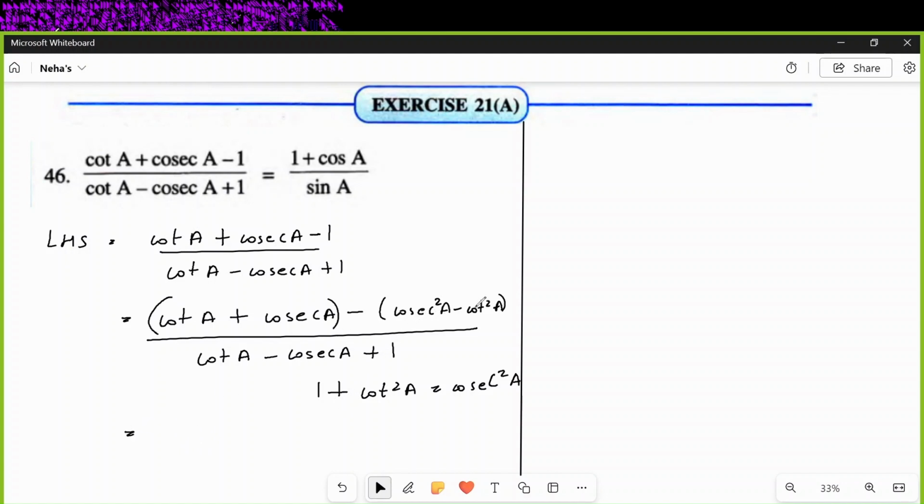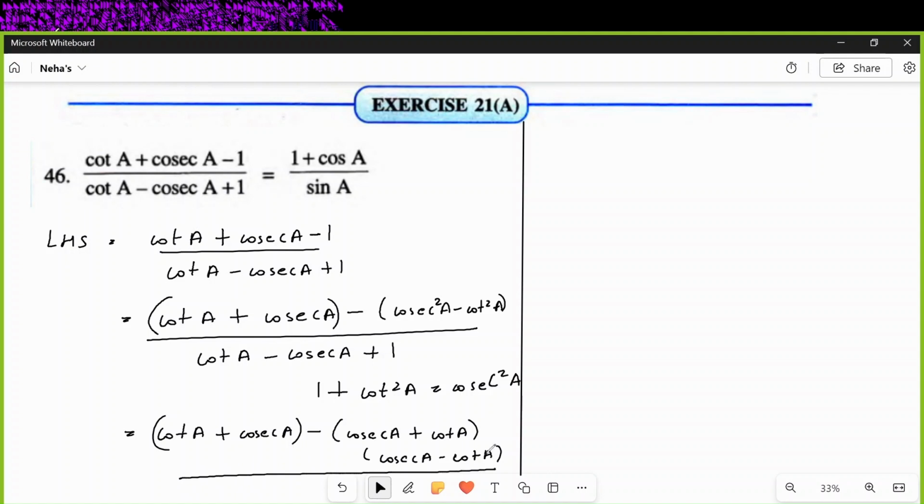Now cosec square a minus cot square a can be further written as cosec a plus cot a into cosec a minus cot a. This is by using the formula that a square minus b square is a plus b into a minus b.